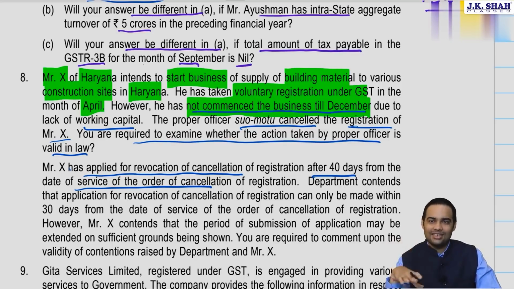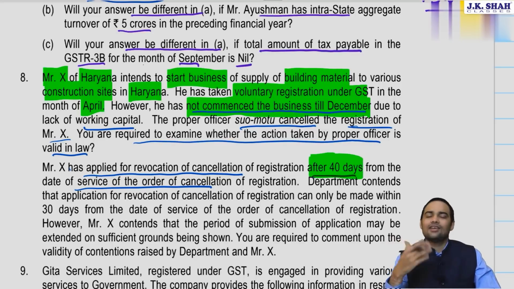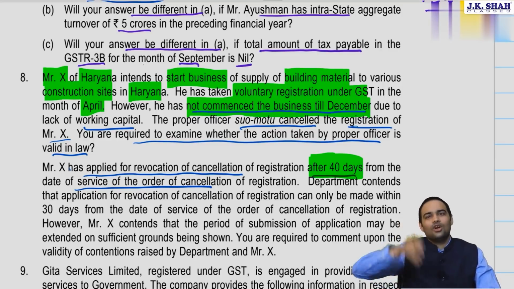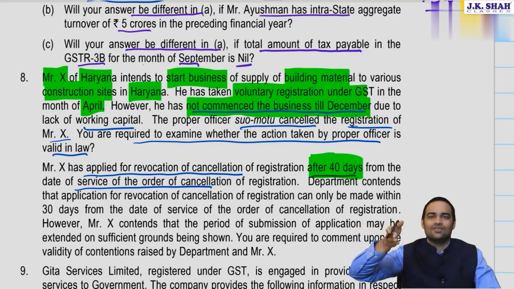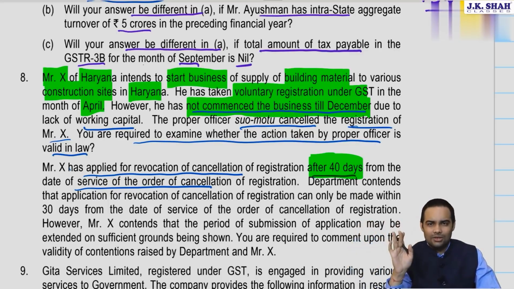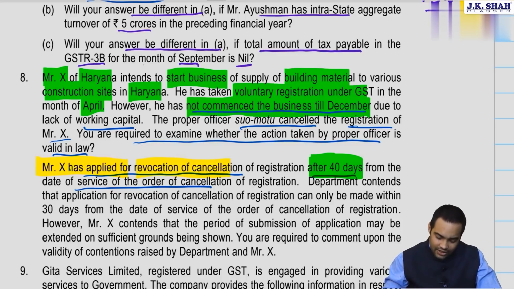Now, in this case, you have applied after 40 days. It will be valid if you can show sufficient cause to additional commissioner, because you don't require another 30. It is within 60, so you will be able to manage. But let's see what the question is saying. Let's read again. Mr. X has applied for revocation of cancellation after 40 days from the date of service of order.